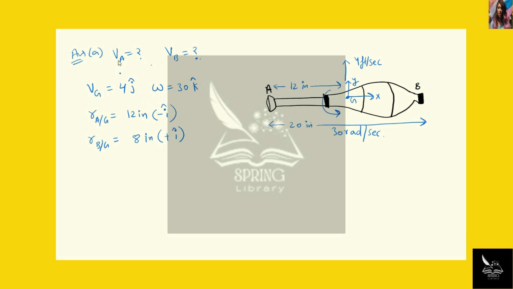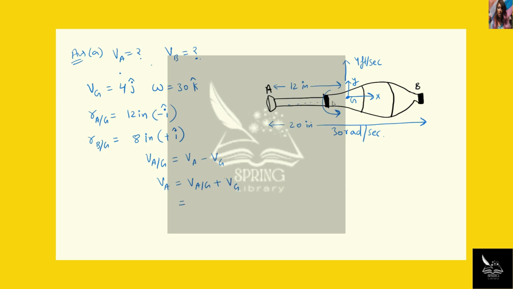Now we calculate the velocity of point A. This juggling club is a rigid body, and all the particles of this rigid body depend upon the center of gravity. So the velocity of A with respect to G is equal to velocity of A minus velocity of G, so velocity of A is equal to velocity of A with respect to G plus Vg.